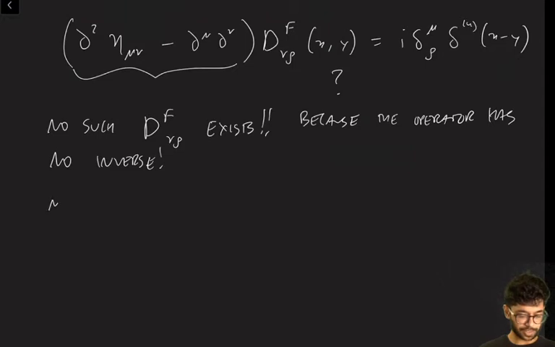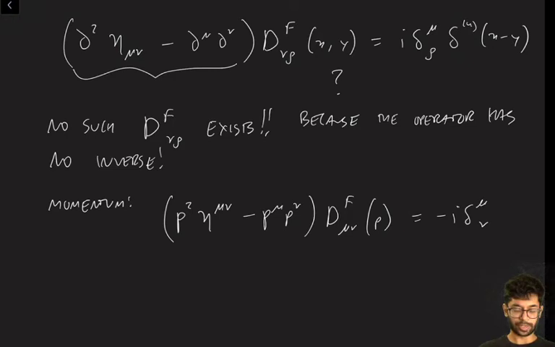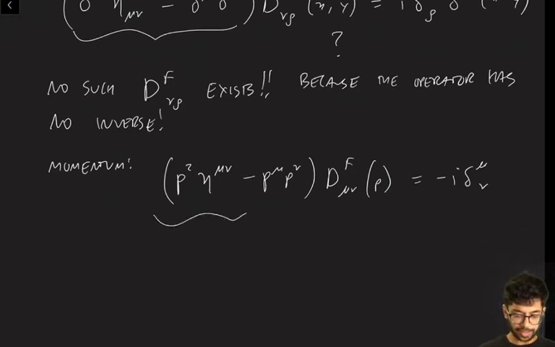So in momentum space, by the usual tricks, the equation above becomes, each d nu becomes a p basically. And so we have D mu nu of p equals to minus i delta mu nu. It's just the momentum space version of the equation above. But in fact, this matrix has many zero eigenvalues.